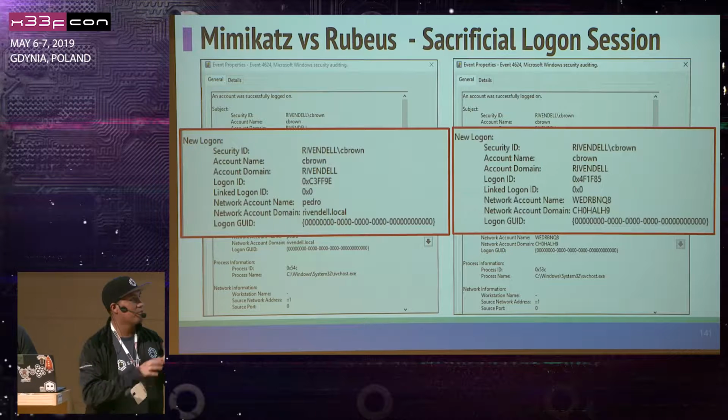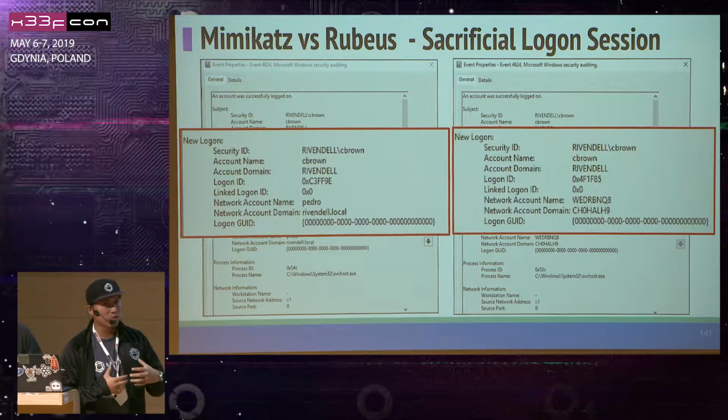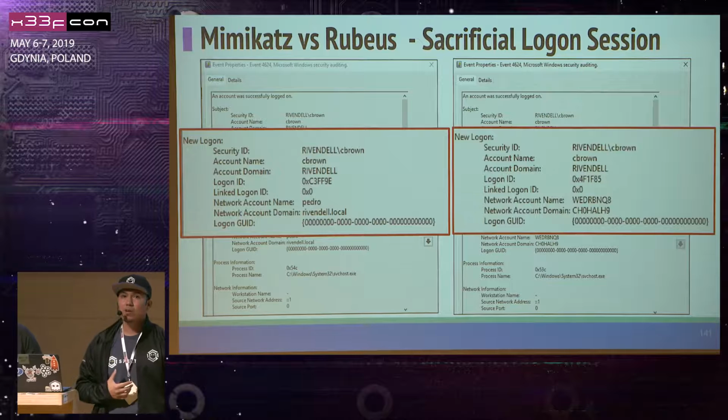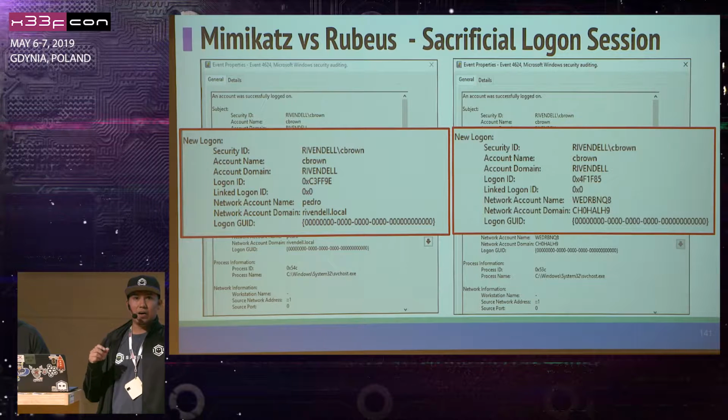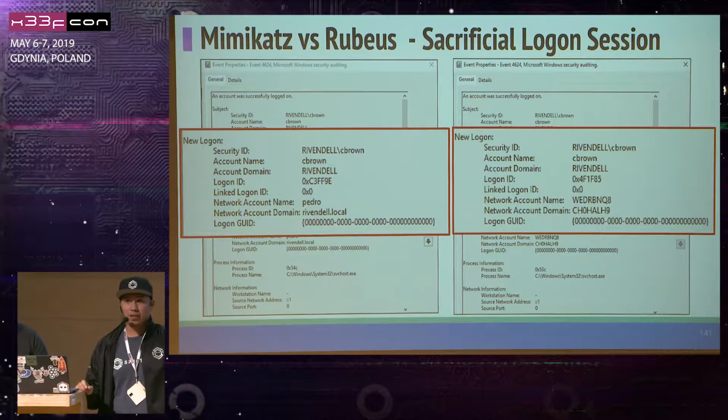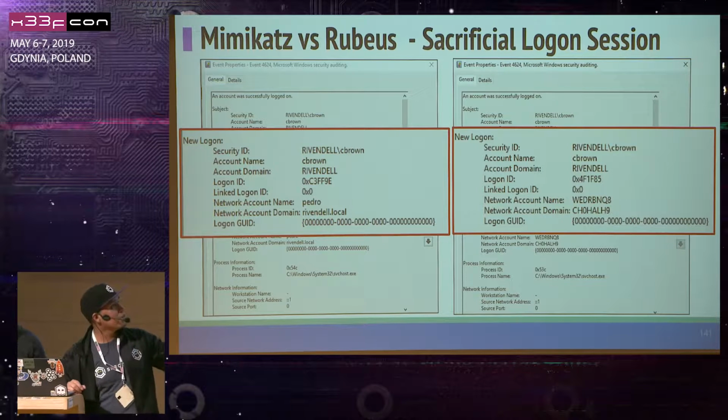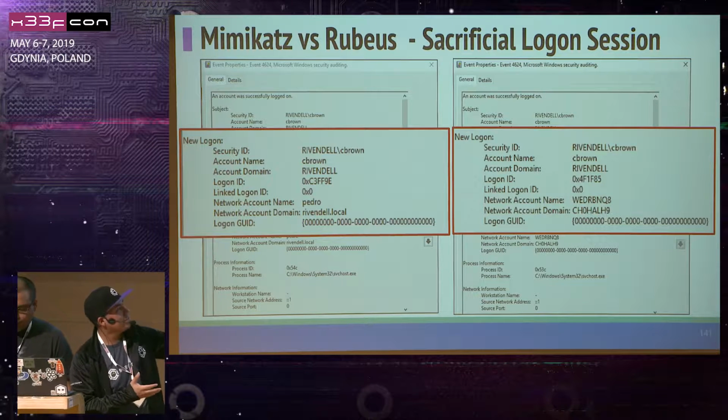And probably have more information in here. That's because when you do a sacrificial logon session, you're just using random dummy username, domain, and passwords to create that process with the sacrificial logon session. Mimikatz takes the parameters that you use for user and domain, and then at the end you can pretty much have that in the log.